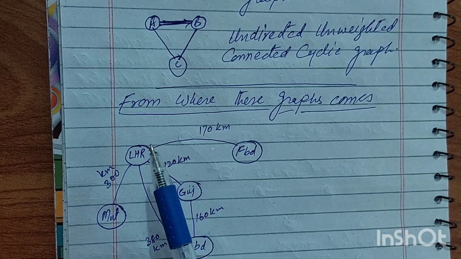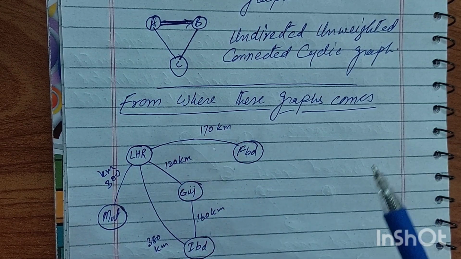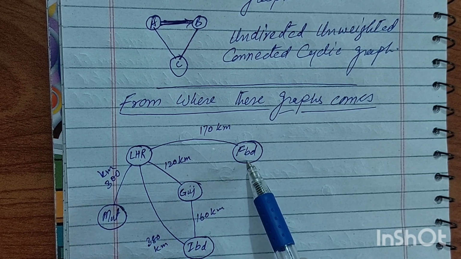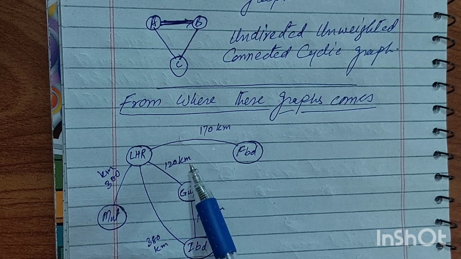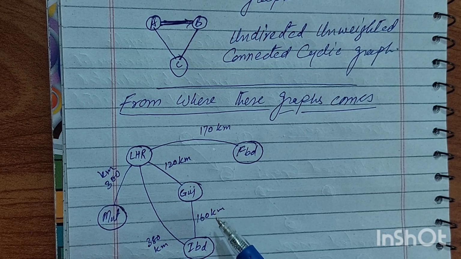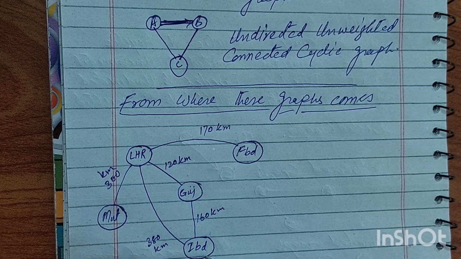Now, first we discuss from where these graphs come. Let's say we have different cities: Lahore, Multan, Gujranwala, Islamabad, Faisalabad, and their distances are 170 kilometers, 120 kilometers, 300 kilometers from Lahore to Multan. Gujranwala is 160 kilometers if you travel on the GT road, and if you travel from Lahore to Islamabad on the motorway, then it is 380 kilometers.